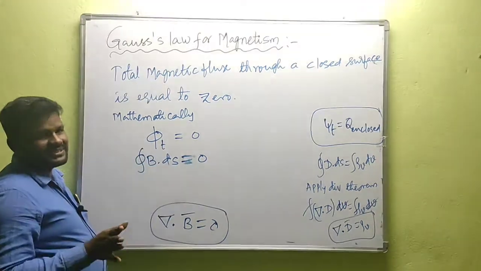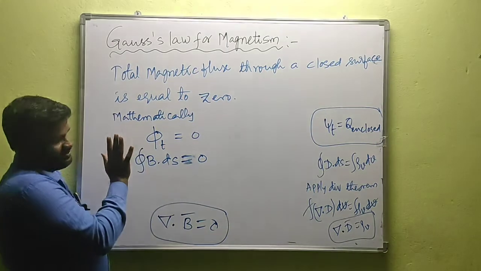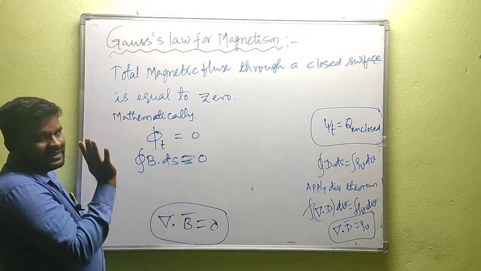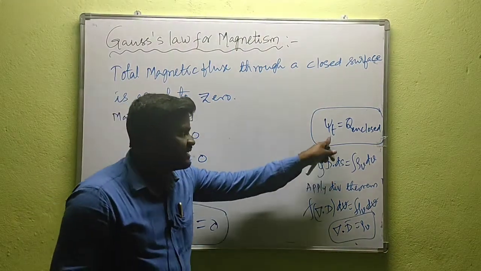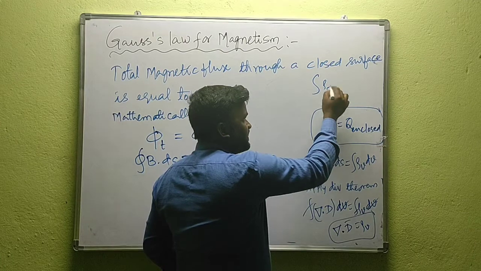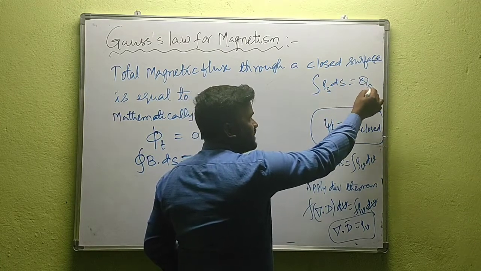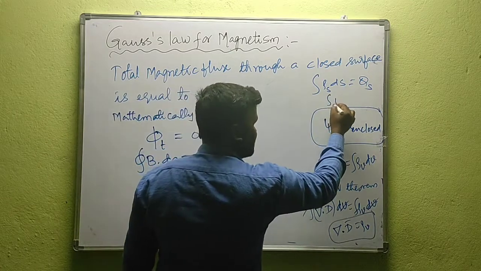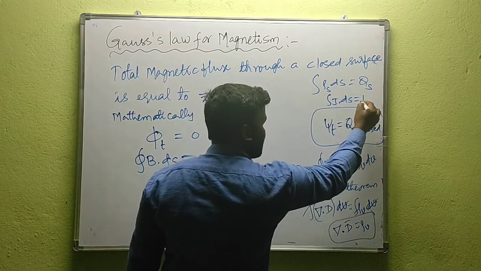Similarly, the surface integral of electric flux density is electric flux, the surface integral of charge density is surface charge Qs, and the surface integral of current density, integral J dot dS, is current I.